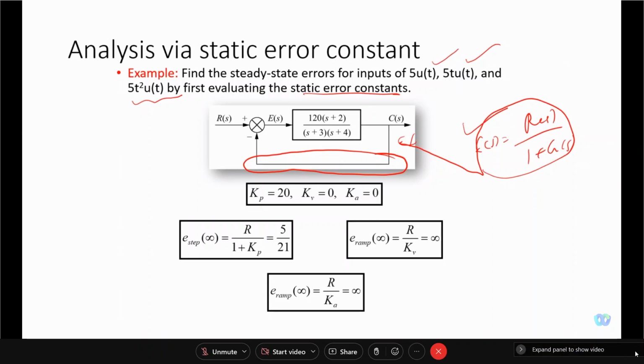Yes or no? Yes, sir. So when you consider this as E(s)/R(s), we take G(s) as the open loop transfer function. So when we evaluate the error constants, we have to take the open loop response or transfer function. Now here, which type of system is it?